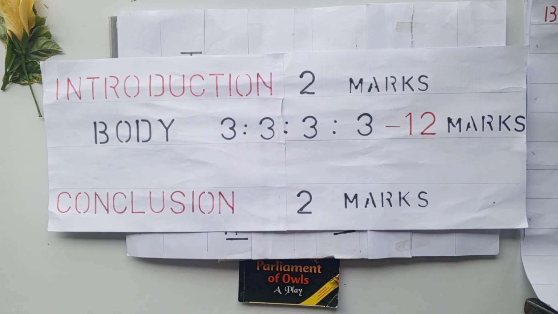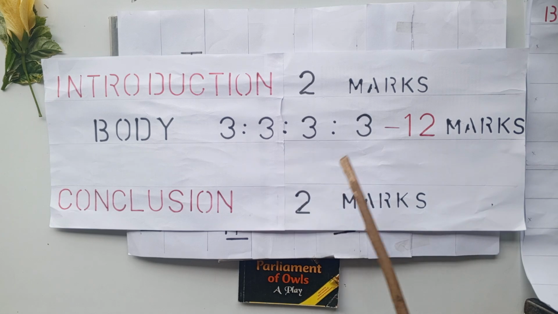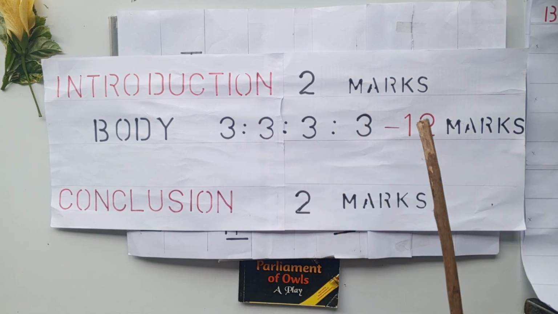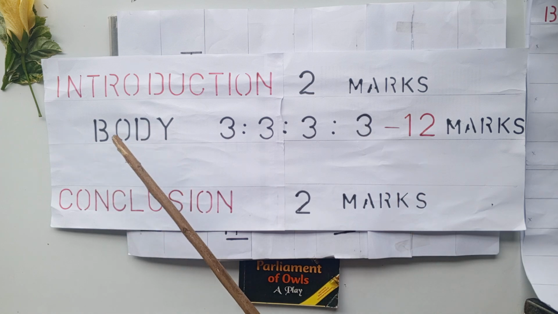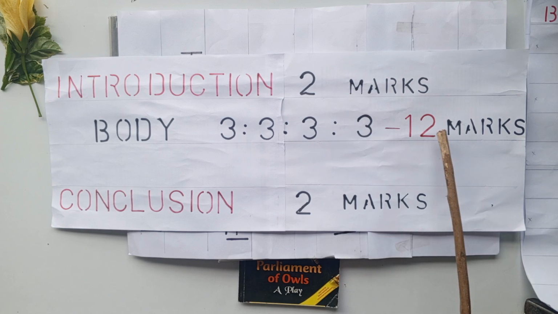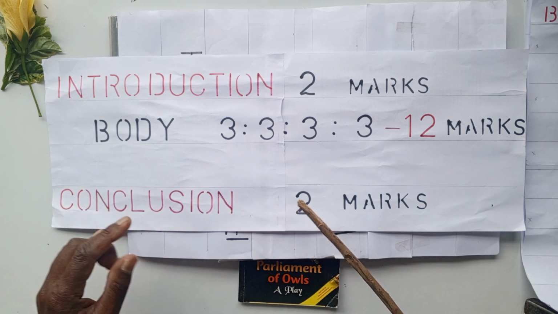And then the remaining 4 marks, you get from your linguistic ability. So language is given 4 marks plus the 16 here, you have 20 marks. Understand that in the body, you have 3, 3, 3, 3, it will give you 12 marks. I want to discuss these other parts here.